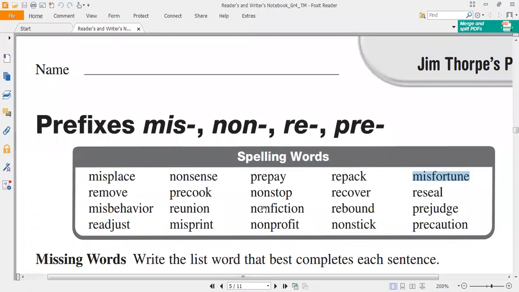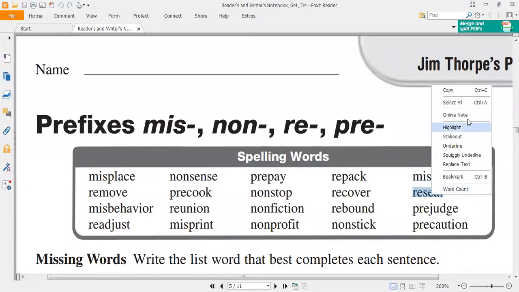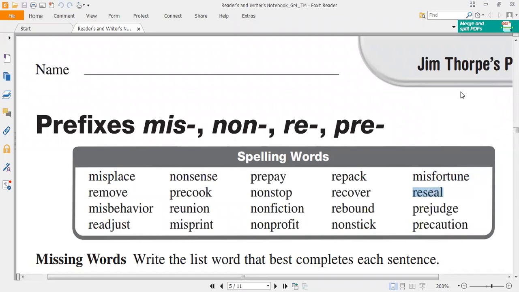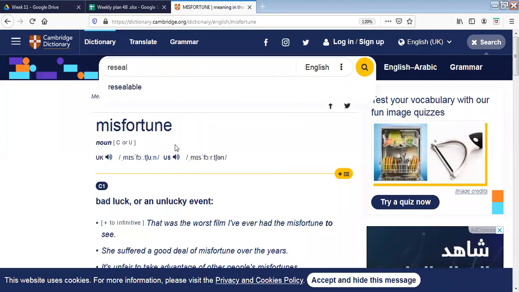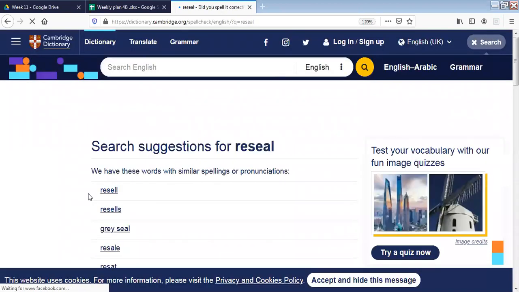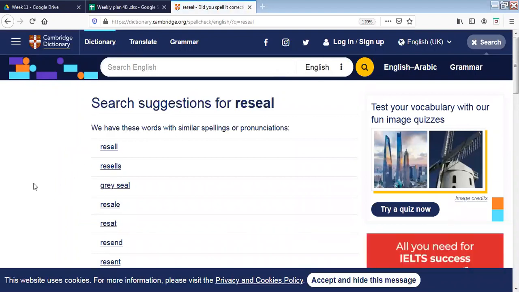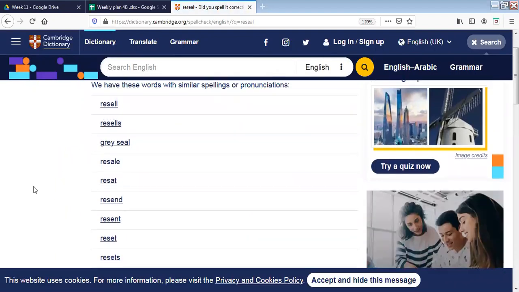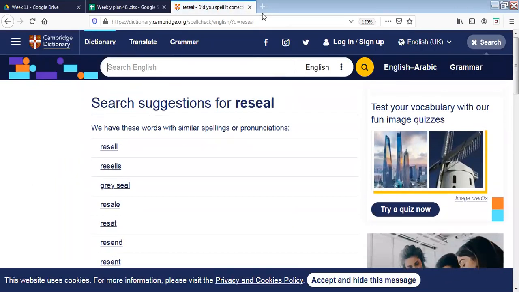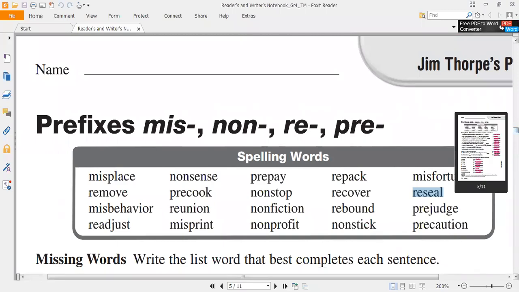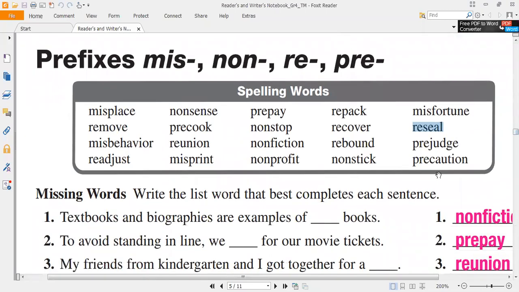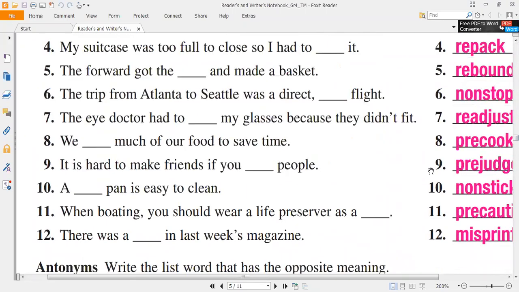The next one is not here as well, this word, but I'm going to show you its definition in here. It will be easy to see it in here.